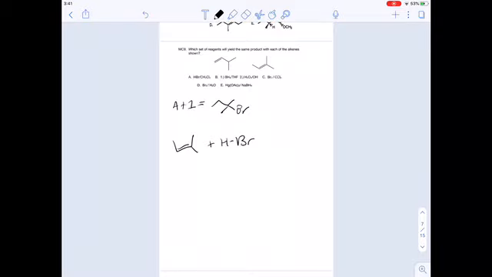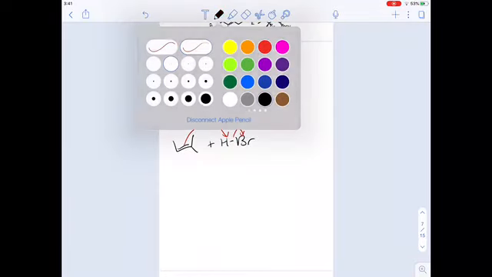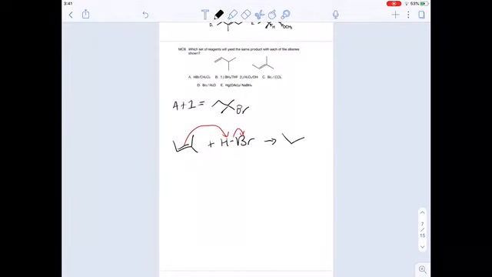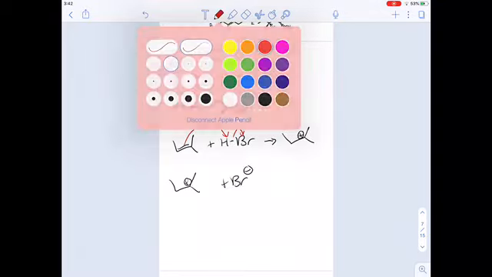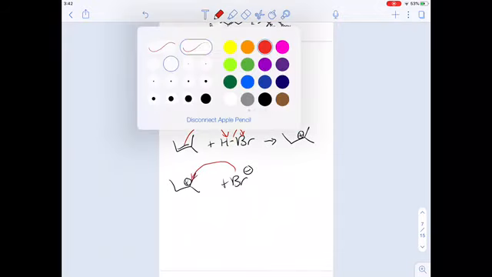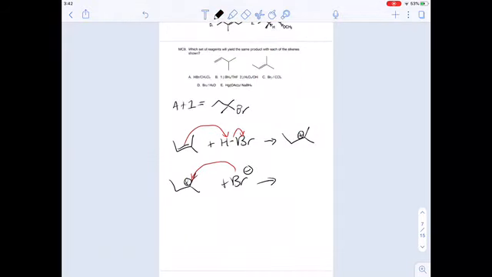Treat it with HBr. The H is going to protonate the terminal end of the double bond, leaving the carbocation here. In this case, you're not going to have a shift because the more stable carbocation is already formed. So now your Br anion is just going to come in and attack that carbocation.